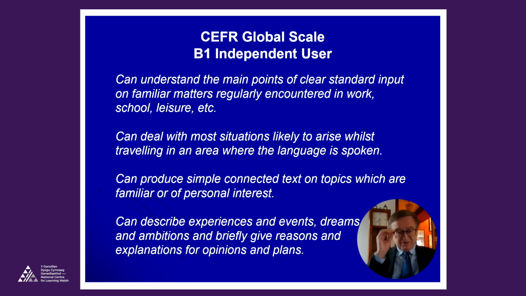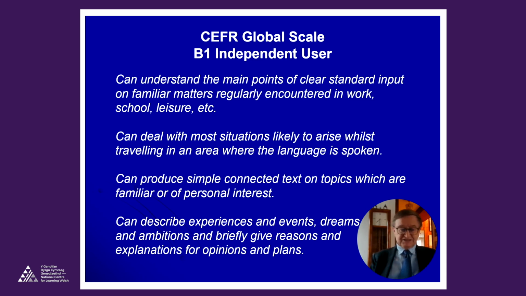This is an example of one global scale descriptor for B1. This is what describes language use on a level called B1, with an attachment that it's a characteristic ability of an independent user.